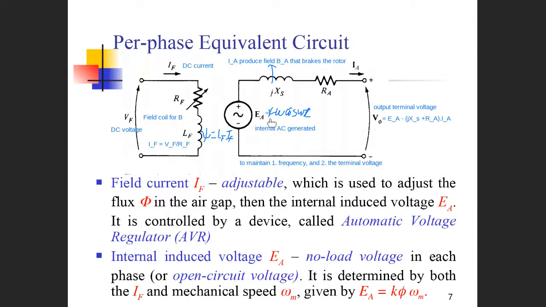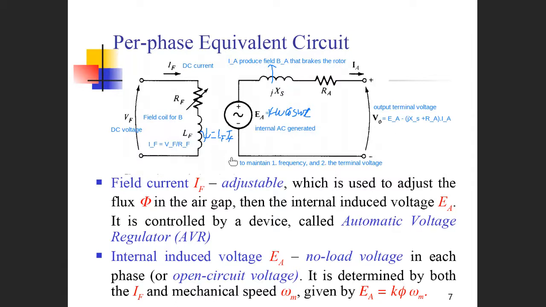Therefore, because the field coil inductance generally is a constant, if we increase the field current IF, the flux phi increases. The amplitude of EA increases because it depends on the product of phi and omega. So by controlling the field current IF, we can control the amplitude of EA, and therefore the terminal voltage amplitude.